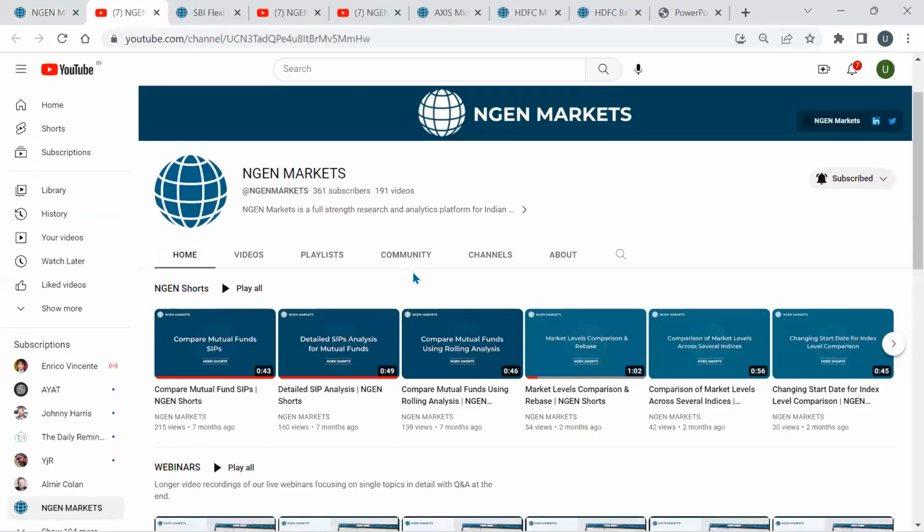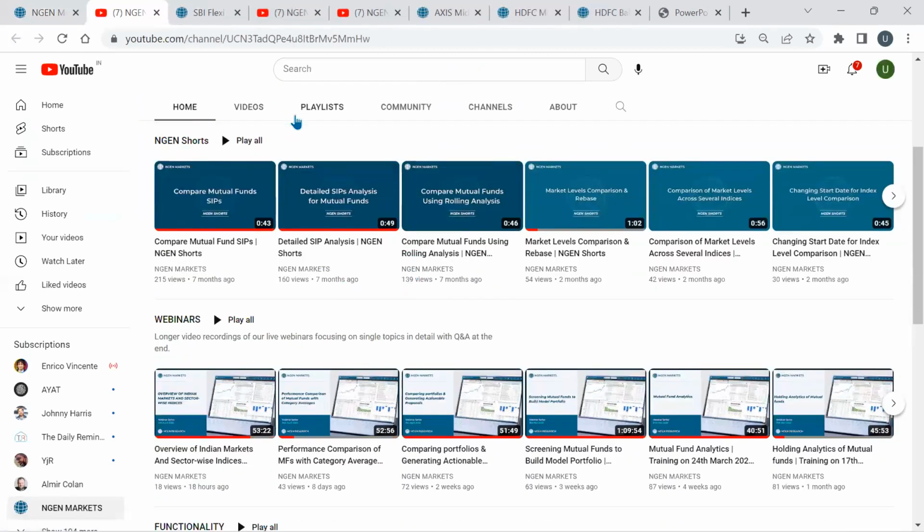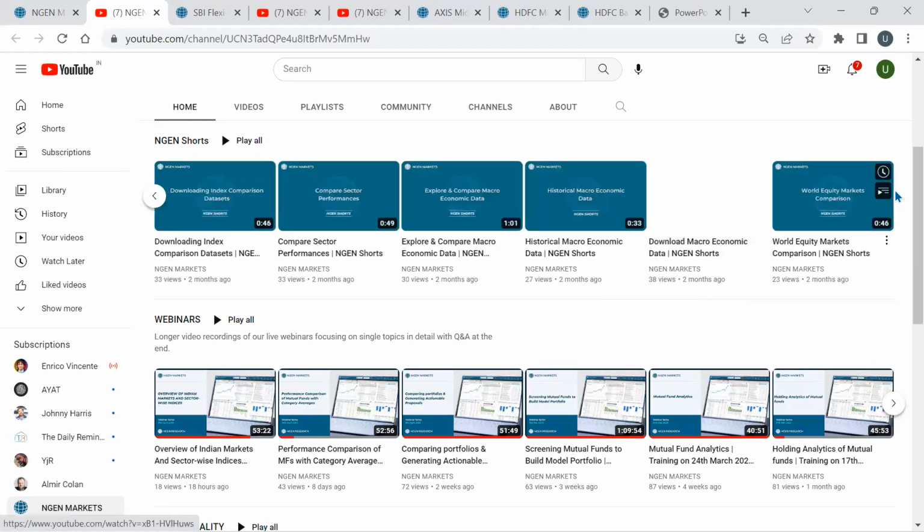Another important thing is that if you have specific questions, my recommendation would be to check out engine shorts, because it shows you comparisons of market levels. As the question was how to compare market levels across several indices, it just takes 40 to 50 seconds to solve that query. There are more than 100 shorts we have added for your convenience.